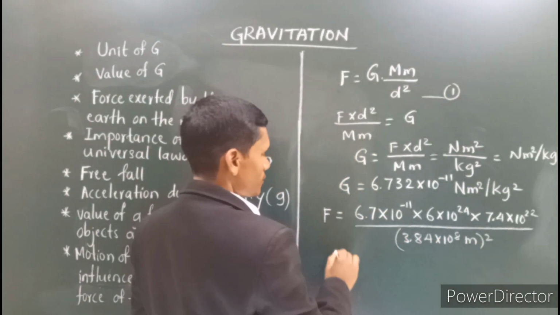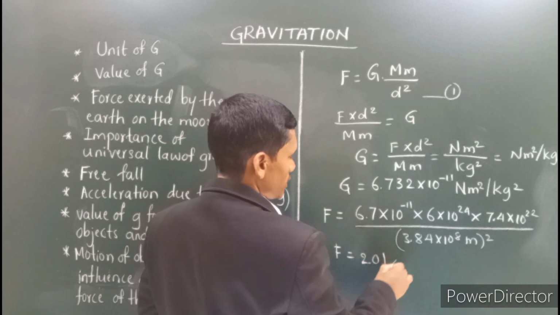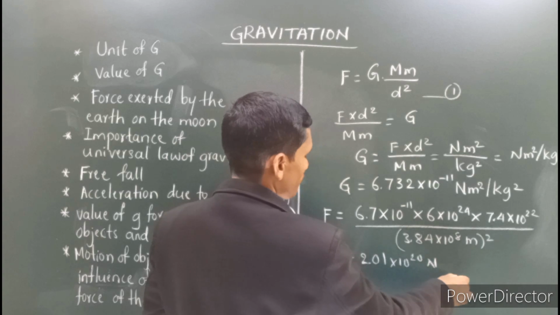When we simplify this, we get F is equal to 2.01 into 10 to the power 20 Newton.